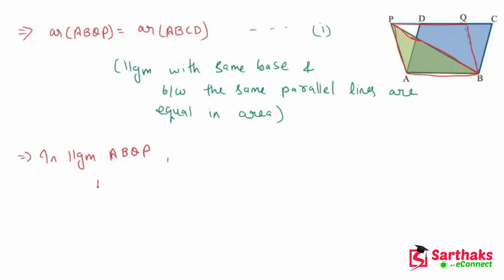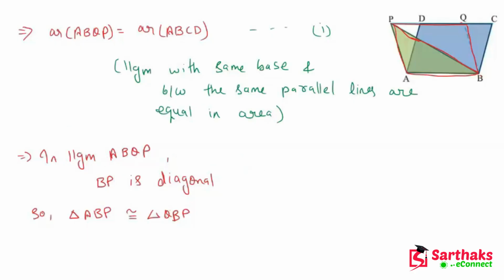BP is the diagonal of ABQP. So triangle ABP is congruent to triangle QBP, because diagonals of a parallelogram divide it into two congruent triangles. We already learned this in the previous chapters.